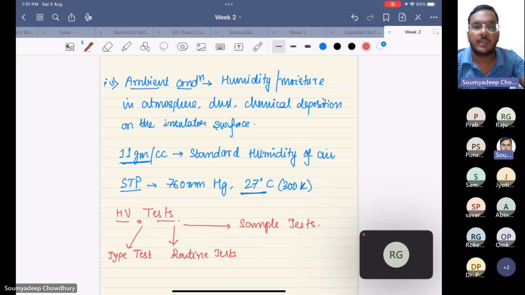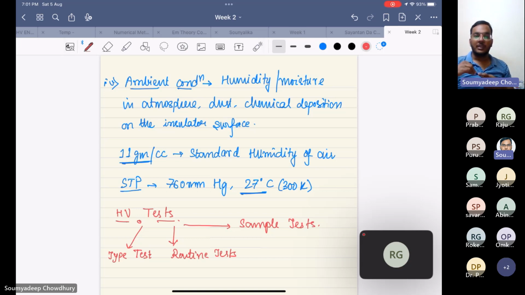As I was saying, for type tests of overhead insulators, multiple insulators will be taken, but for a transformer, depending on the cost of the equipment, a single piece can also be tested, as was correctly pointed out.